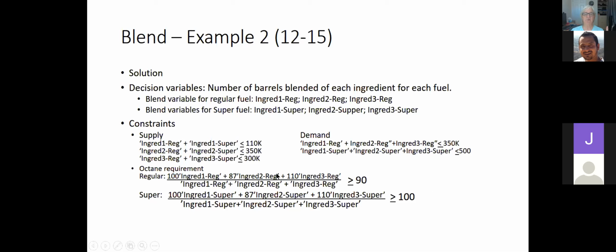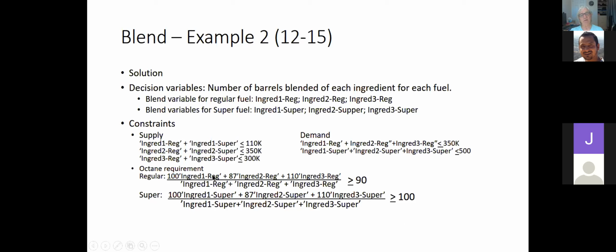Now comes something to understand about the octane. You have to meet an amount of octane in a blend. Because they are mixes of different ingredients in different quantities, the 90 that you see for regular is the average per barrel of the mix. So how do you calculate the average octane? I'll give you an example, then you'll understand.